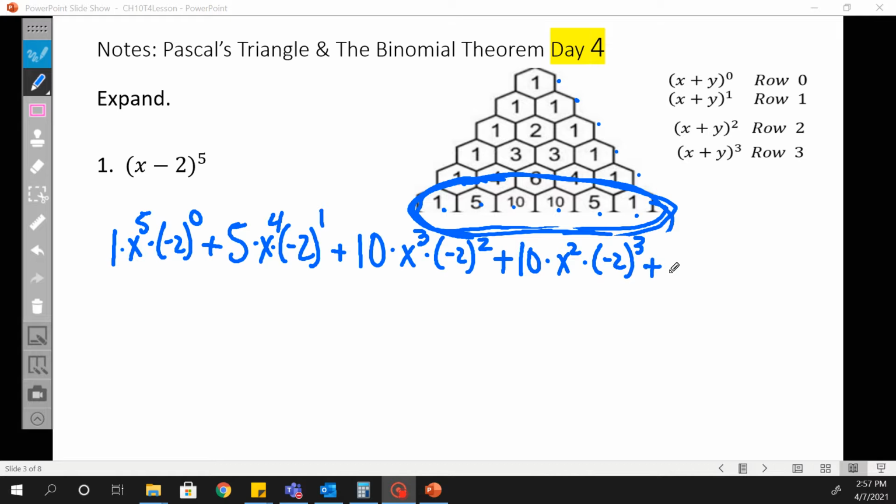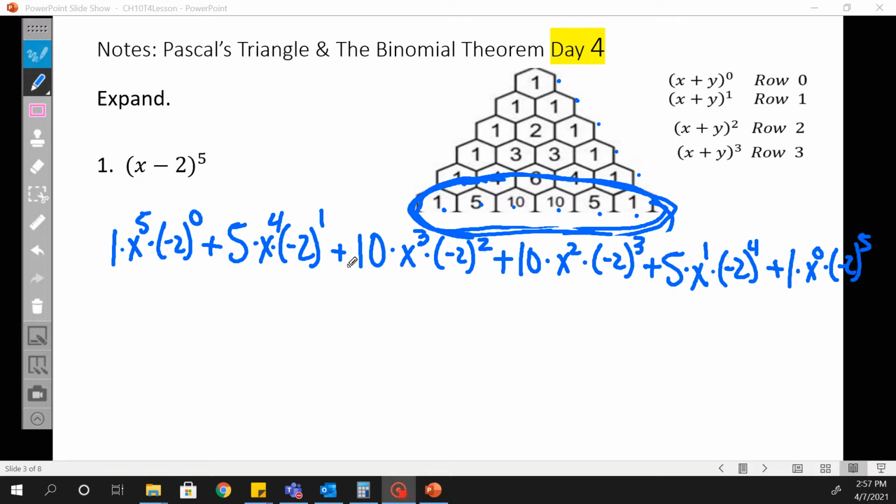The next term has a coefficient of 5. The power of the first term goes down to 1, and the power of the second term, which is negative 2, goes up to 4. And then the last one has a coefficient of 1. The power of the x goes down to 0, and the power of the negative 2 goes up to 5.